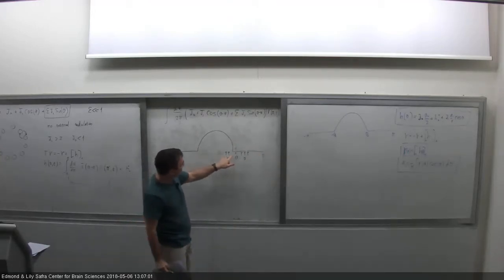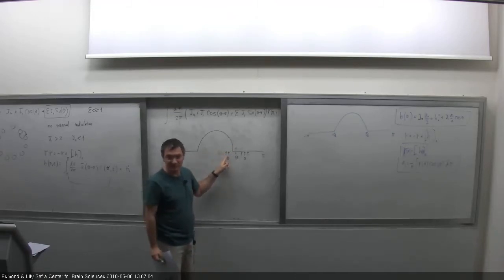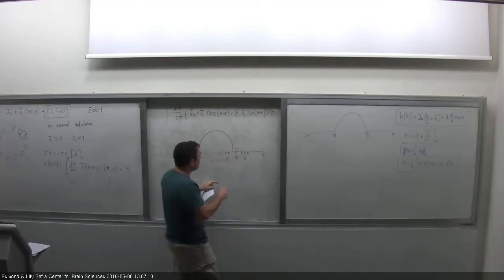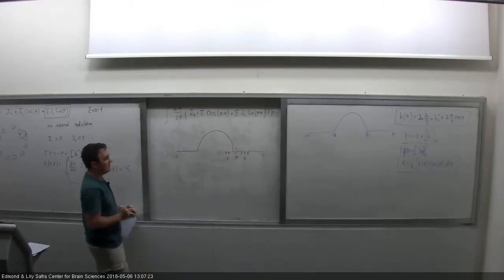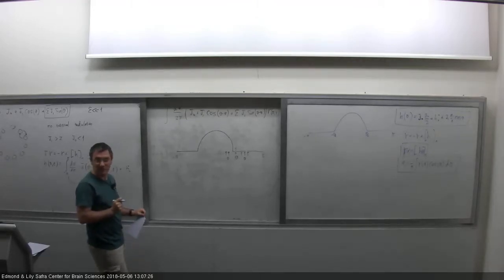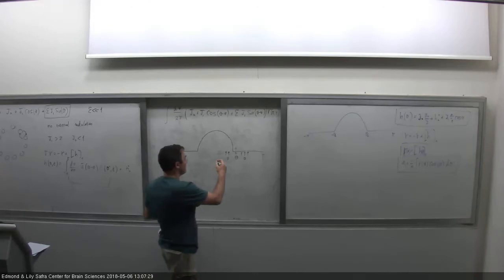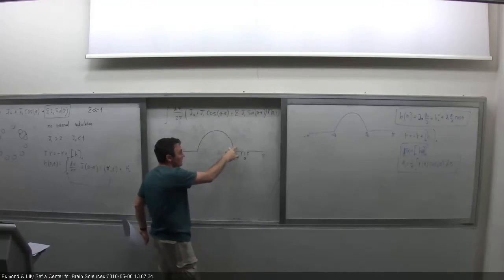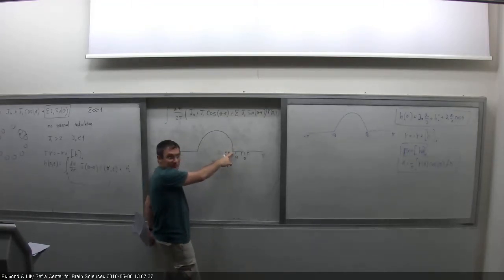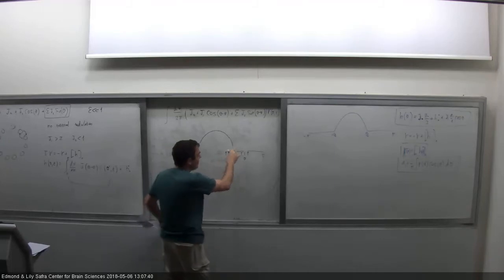So the input here will be larger than it was before. Now we don't know whether it will be sufficiently large to generate activity here. Remember that we have a threshold non-linearity. So maybe it used to be negative, it will continue being negative, but to a lesser extent. But for a neuron that is exactly here, we expect that the activity will now become positive. The one that was previously 0 but on the verge will now be positive.